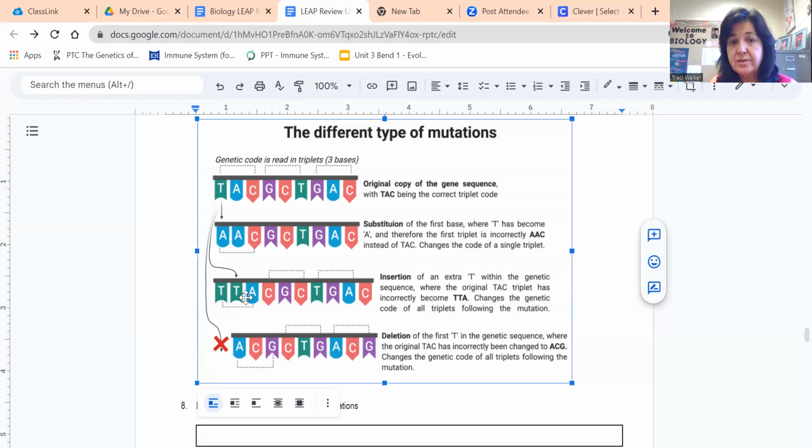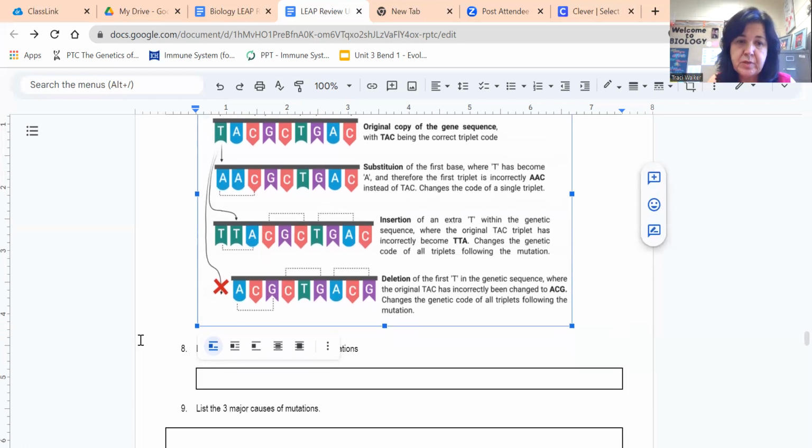Instead of shifting to the right, like in an insertion, in a deletion, everything shifts to the left. Okay, and so that causes your codons to be read incorrectly. Remember, your codons are every 3 letters, and so you have the wrong amino acids. And if the amino acids are put together wrong, then the protein won't work correctly.